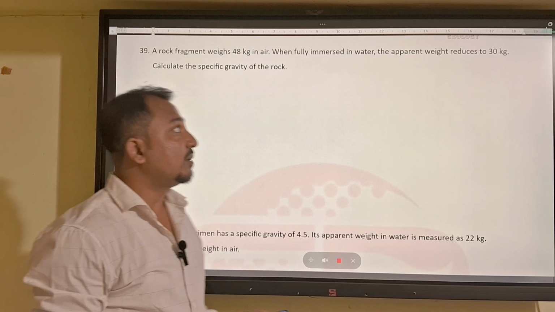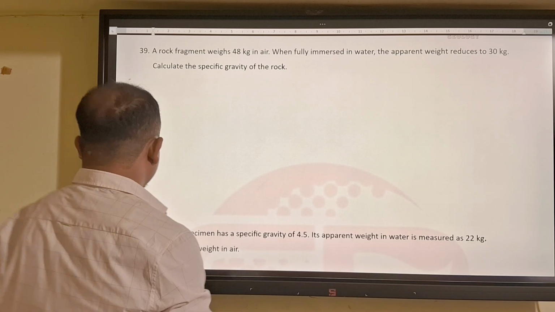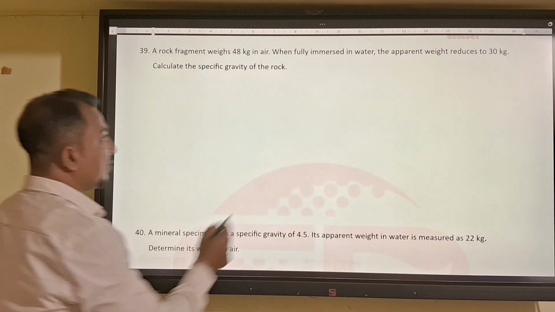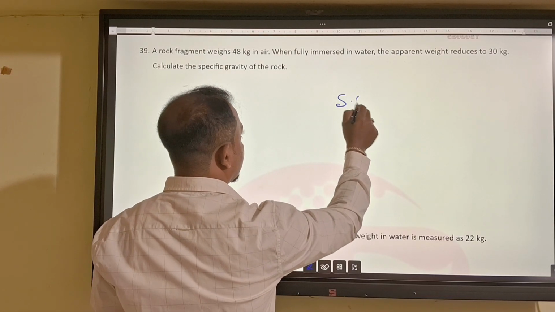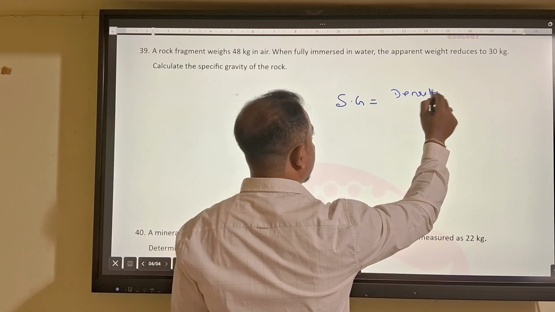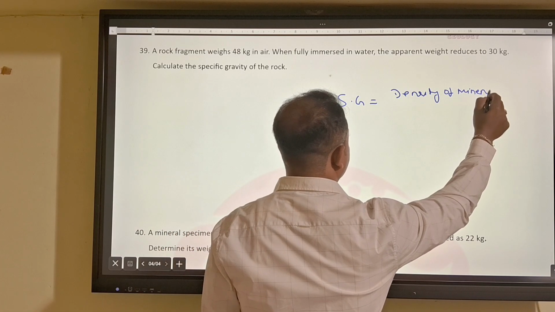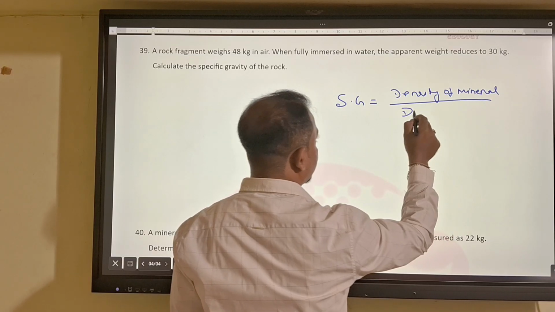So next we move to another type of problem, that is from specific gravity calculation. The simple formula of specific gravity is the density of the mineral or substance by the density of water.